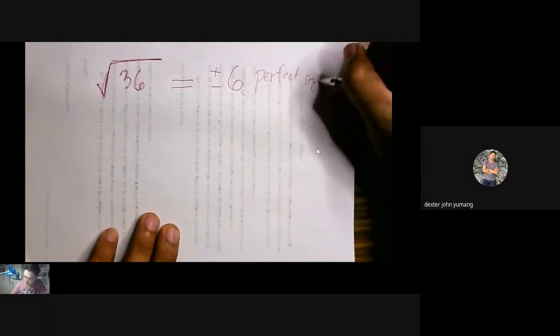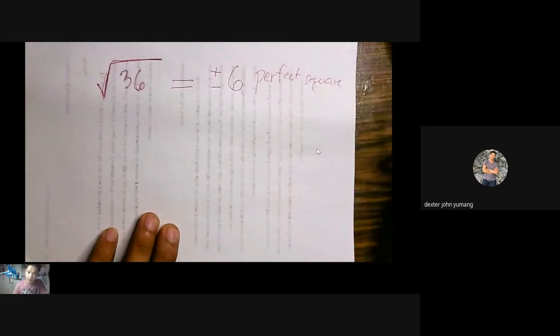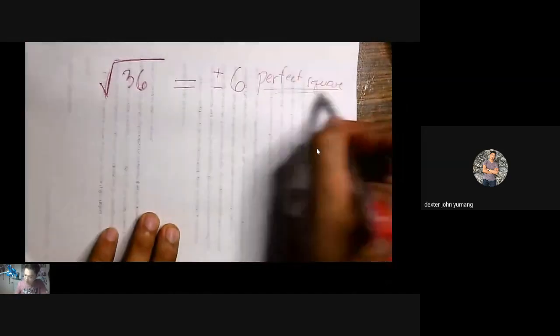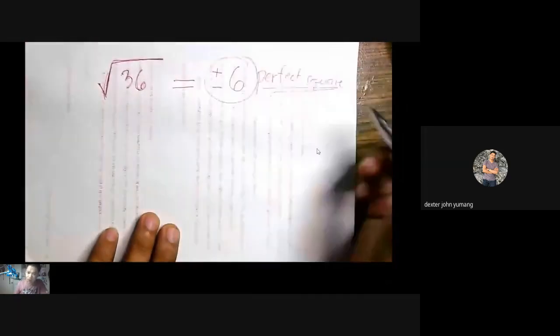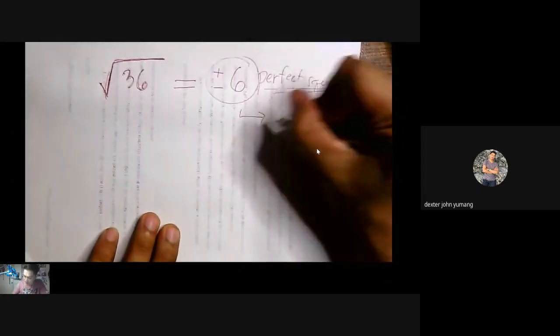Plus minus 6. So, kapag buo po siya, like example, this one, 6, buo, tawag po sa kanya, perfect square. At itong sagot na ito, ang tawag po sa kanya is root.